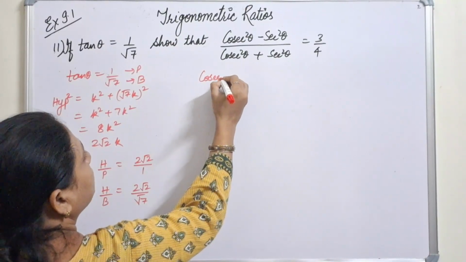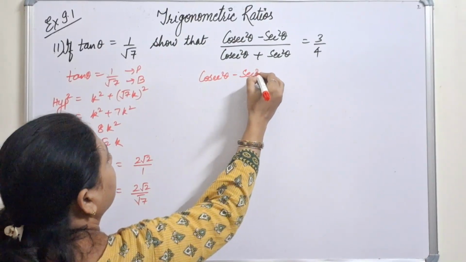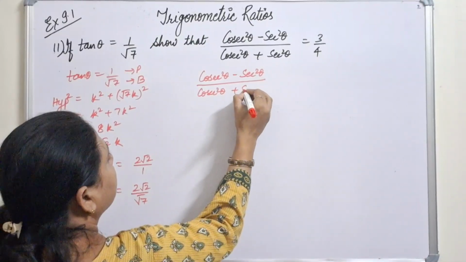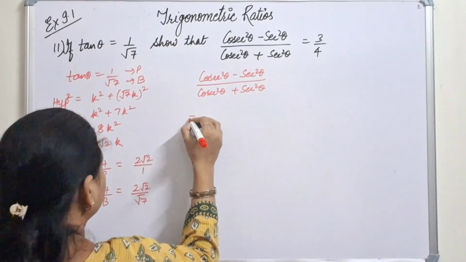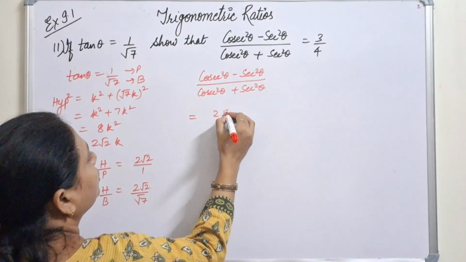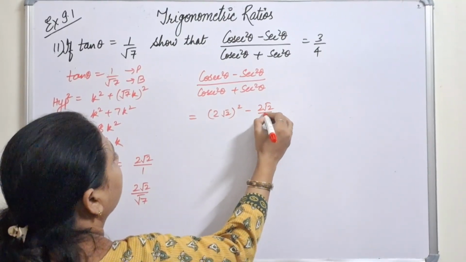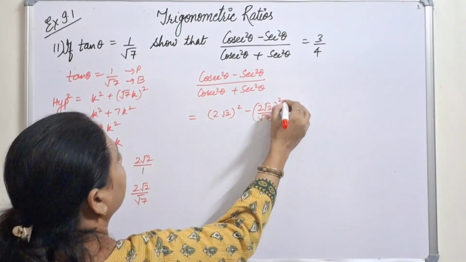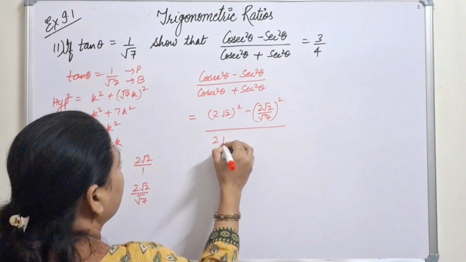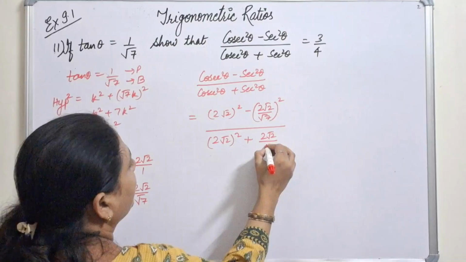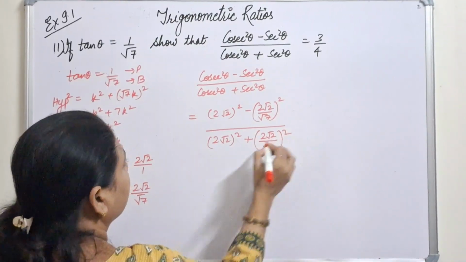Substituting the value of (cosec square theta minus sec square theta) upon (cosec square theta plus sec square theta). So this is (2 root 2) square minus (2 root 2 upon root 7) square, whole upon (2 root 2) square plus (2 root 2 upon root 7) square.